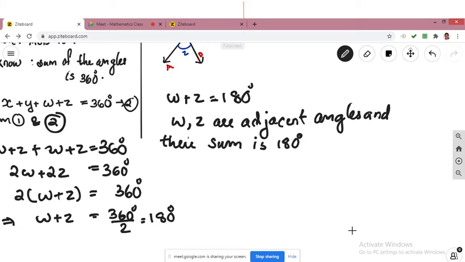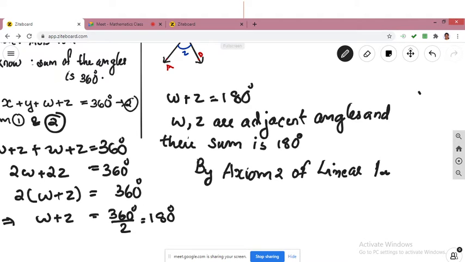So by axiom 2, the linear pair axiom, which states that if the sum of two adjacent angles is 180 degrees, then a ray stands on a line, on a straight line.